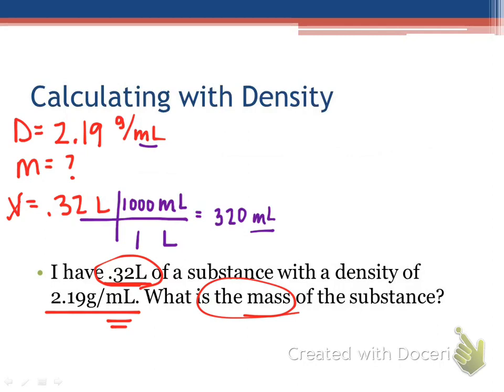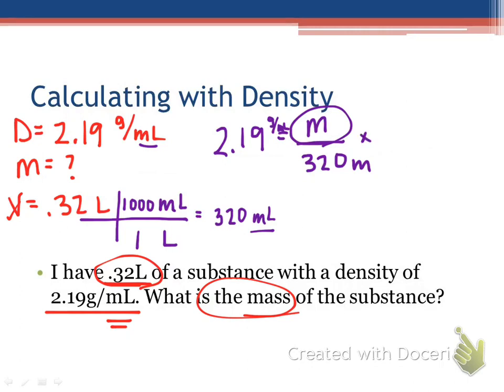Okay? So I'm going to say 2.19 is my density equals mass divided by volume. You can keep your units there, right? It's probably a good idea to keep our units there. But now if I want to get M by itself, what do I need to do to both sides? Multiply by 320 milliliters.